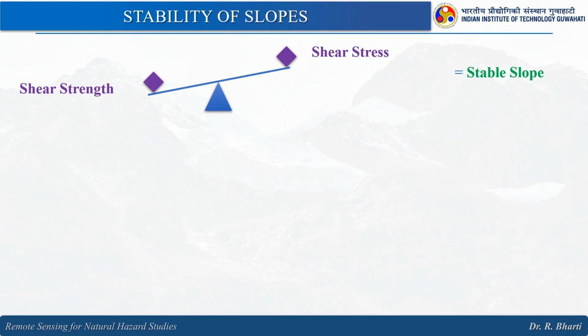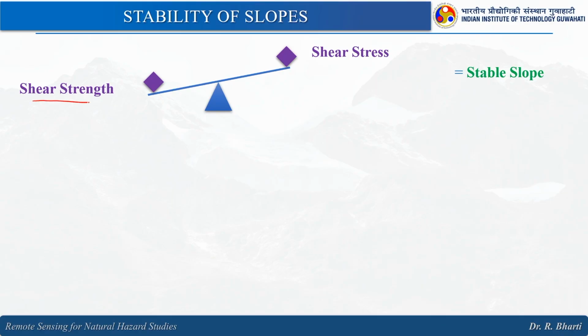So when we talk about the landslide, basically there are two different factors which are triggering this landslide. One is shear stress and another one is shear strength. If there is an increase in the shear stress, that will trigger this landslide. If there is a reduction in shear strength of the material, then also landslide will occur, right. So let us see this in the next slide that we have covered yesterday.